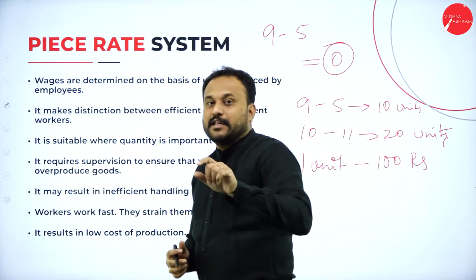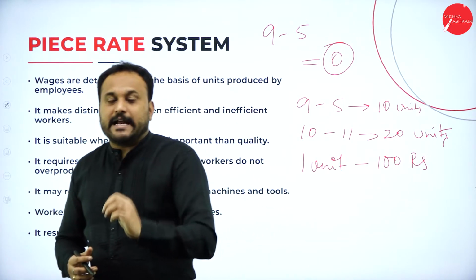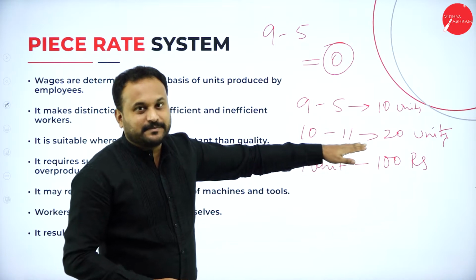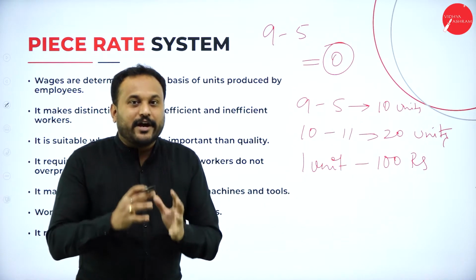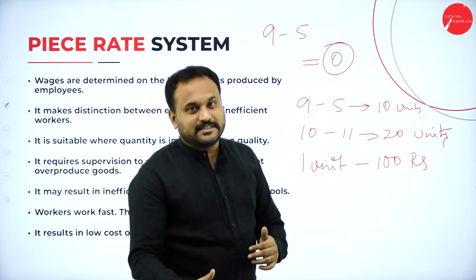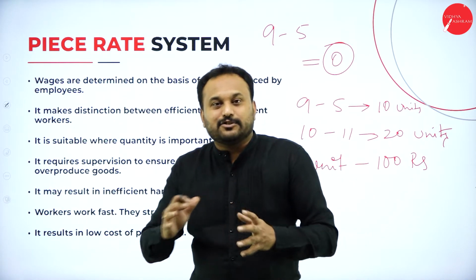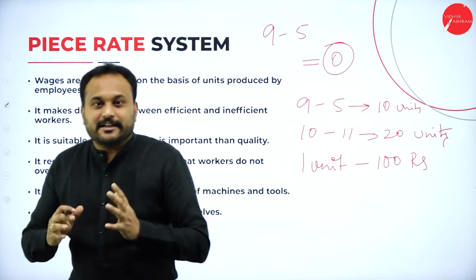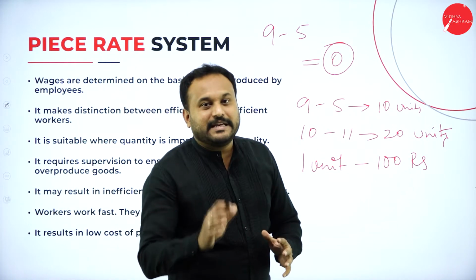But here quality doesn't matter because quality is compromised, but quantity matters. Here the employees or the laborers will not work slowly, they'll work very fast. Here you don't need any supervisor because you know that the more you work, the more you get. That is the logic in piece rate system.